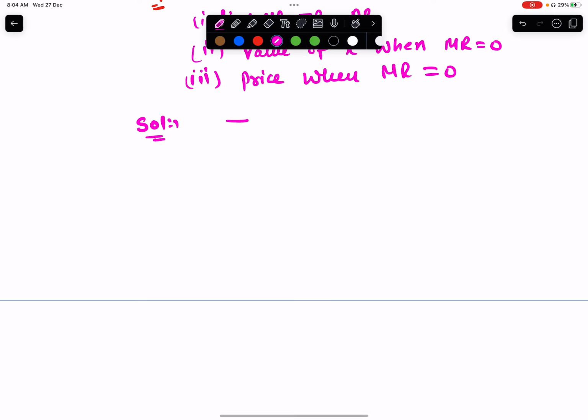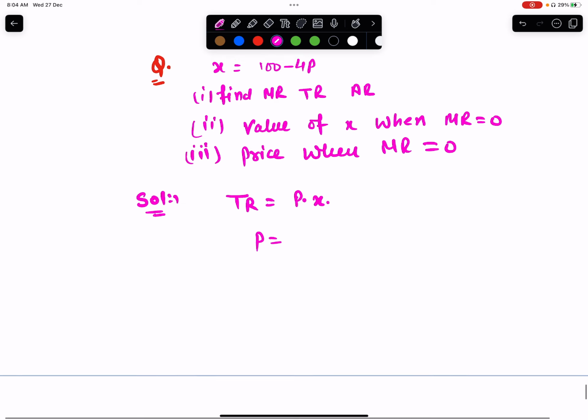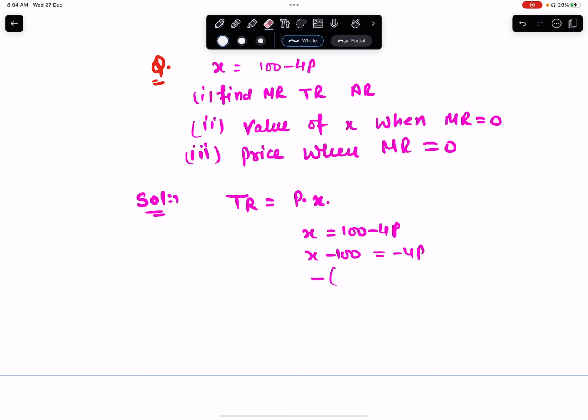We have total revenue as P into x. What will be the value of P? As given, x equals 100 minus 4p. So x minus 100 equals minus 4p, which gives minus x minus 100 equals 4p, so p equals minus x by 4 plus 25.